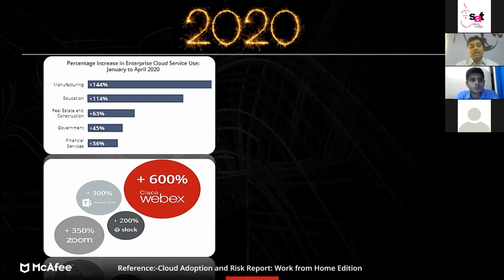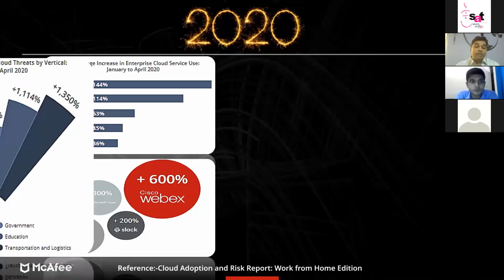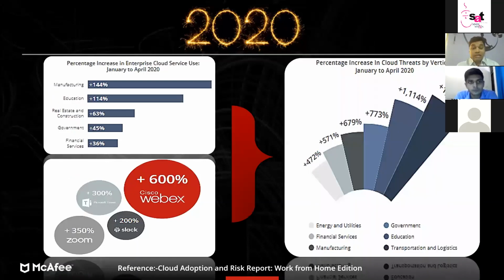What we have seen is an increase of 600% in usage of Cisco WebEx, which is a collaboration app. Similarly, Microsoft Teams, Zoom, Slack, those applications. Now, with that adoption increasing, the threats also increase because the attack surface has grown for the data which is now residing in the cloud.